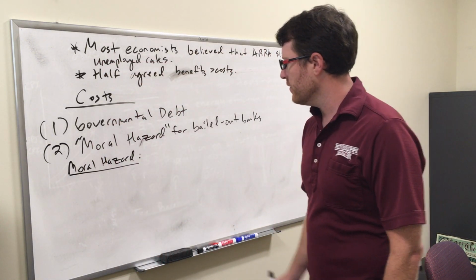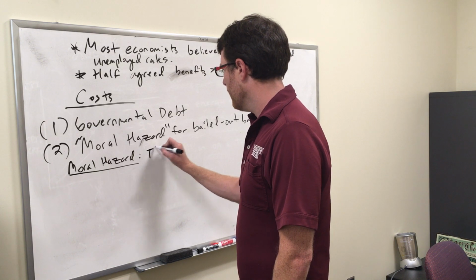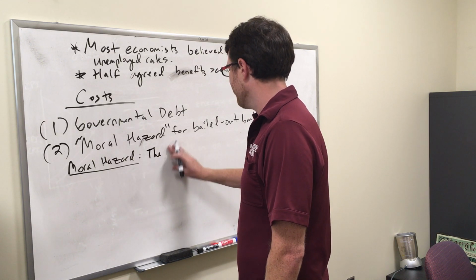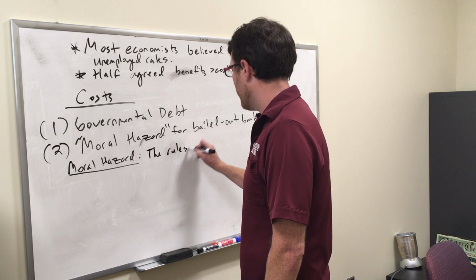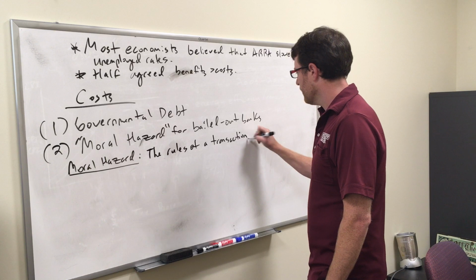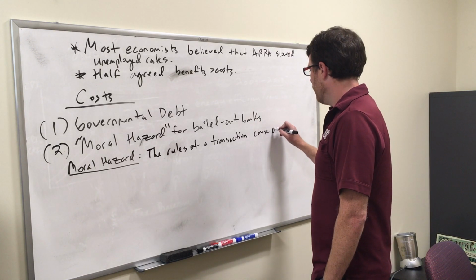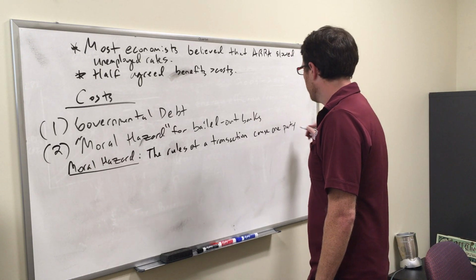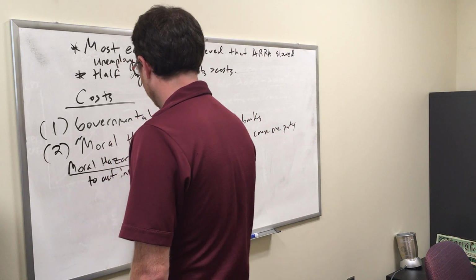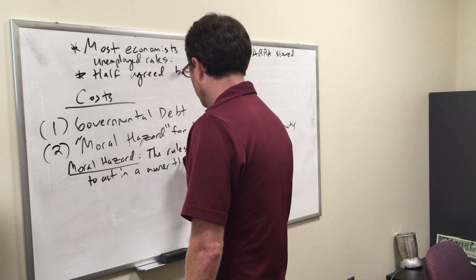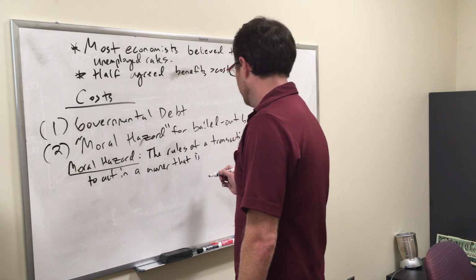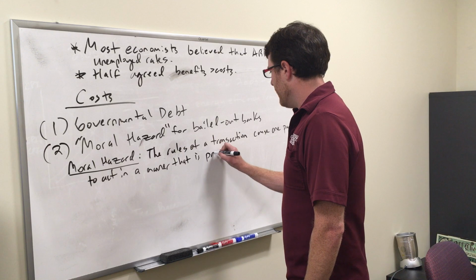Moral hazard is essentially when the stakes of a transaction or the rules of a transaction cause one party to act in a manner that is problematic to the other party.